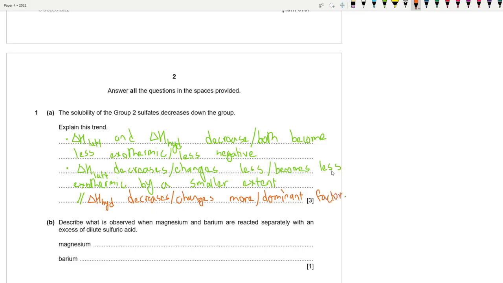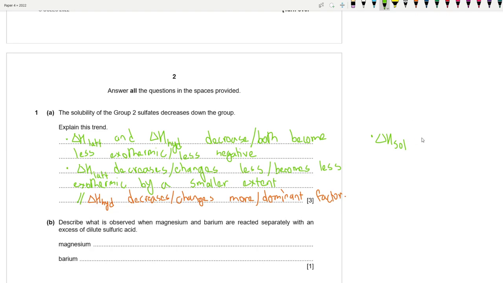So what is the last point exactly? The final point is like this. You have to say that therefore del H sol, this is the ultimate factor. If del H sol is more exothermic, it means that the salt is more soluble. So since it becomes less soluble, that means it is more endothermic now.